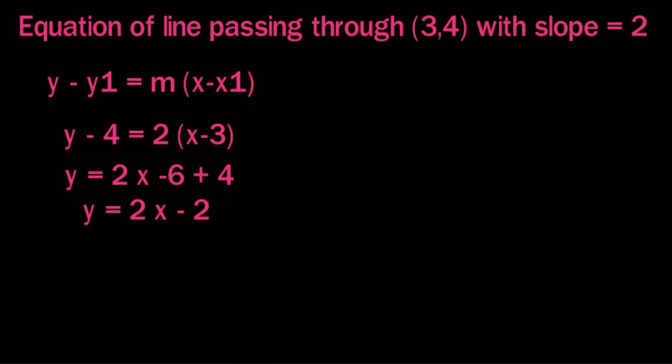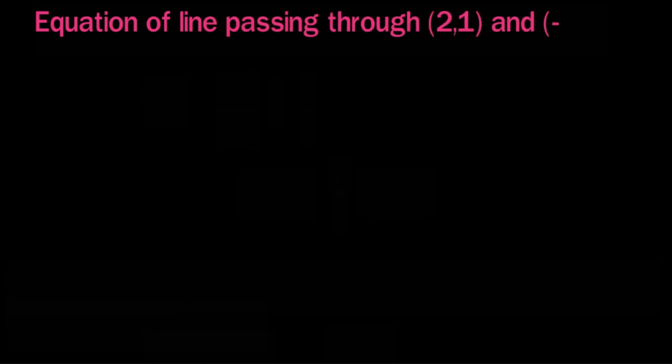Let's say now we want to find the equation of the line passing through 2, 1 and negative 3, 2.